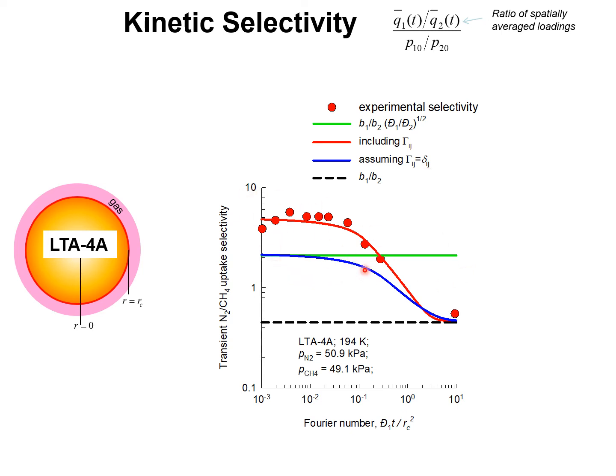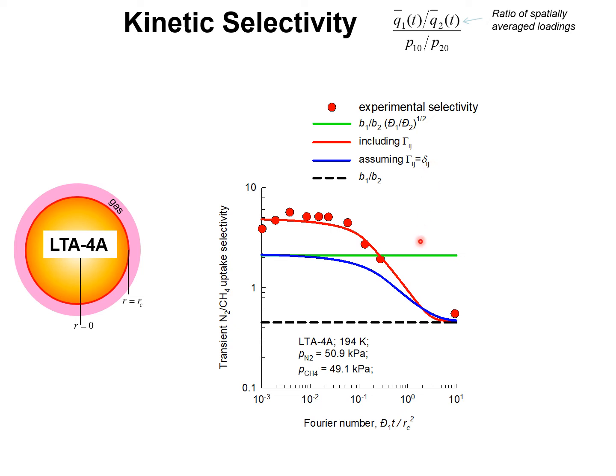Looking at this data, we note that the formula that is widely used in the published literature is a limiting case of a model in which thermodynamic coupling effects are ignored.